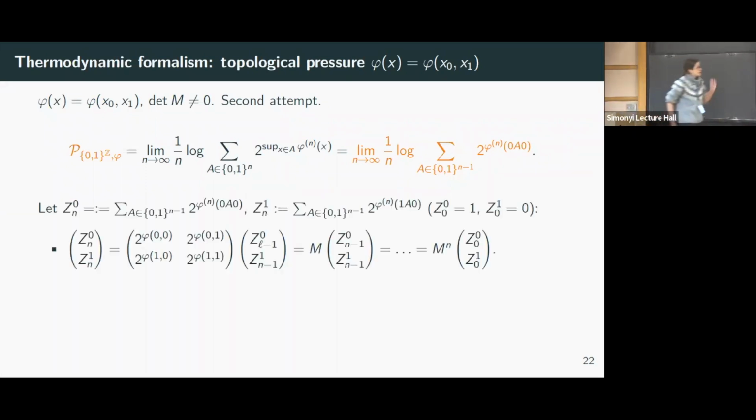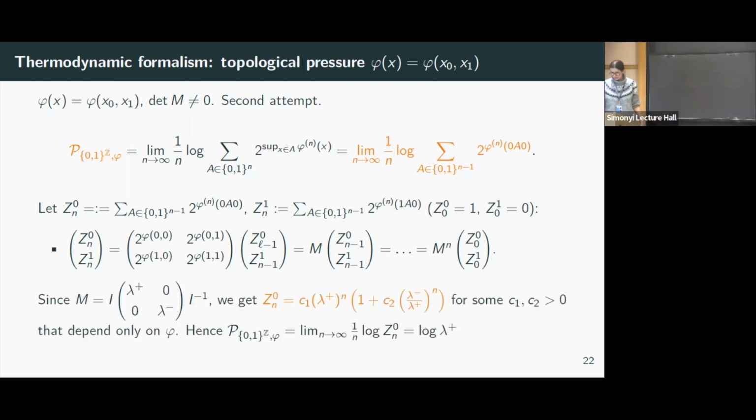So let us denote this sum by z_{0,0}, and a similar sum with 1 in front by z_{1,0}, and we get the following relations.